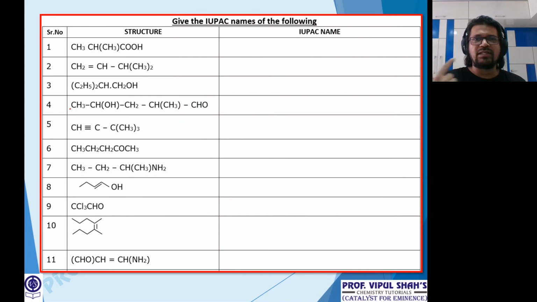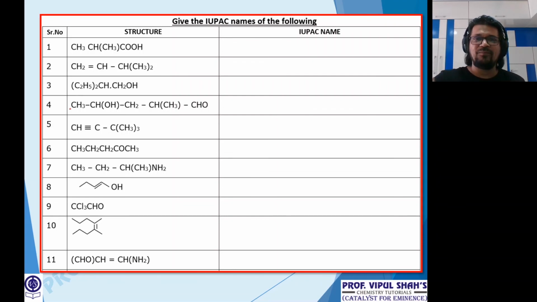C double bond O, that is RC double bond O R dash, ketone, alkanone. Then next we had ROR dash, ethers, alkoxyalkanes. Then next RC triple bond N, cyanide, alkane nitrile. We also spoke about isocyanide, RNC, alkane isonitrile.